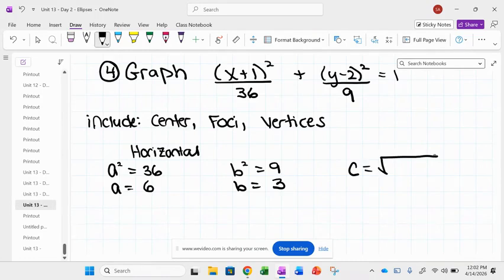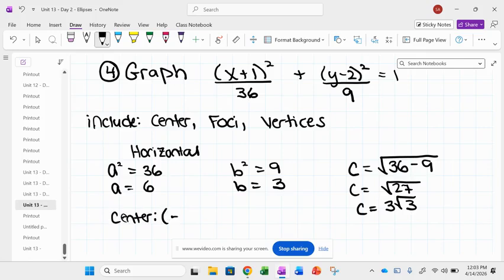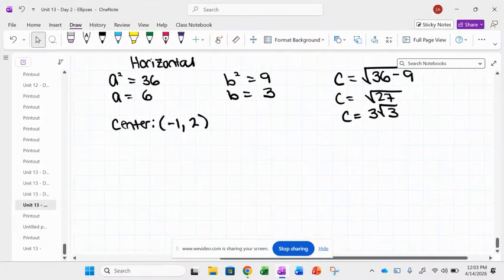So c is equal to the square root of 36 minus 9. So c is equal to the square root of, is it 27? Yeah. So that's 3 root 3. Is everybody okay with what I've done so far? Okay, what is the center of this graph? -1, comma 2. All right, guys, we are ready to actually graph this.